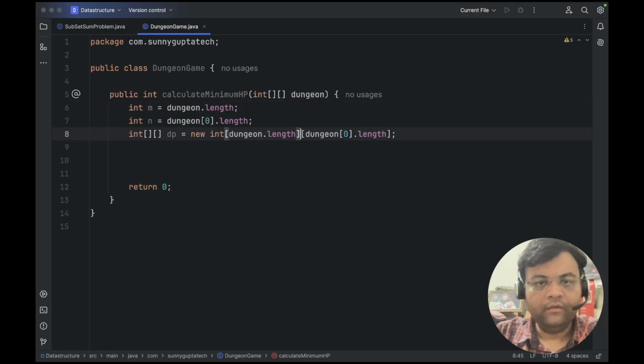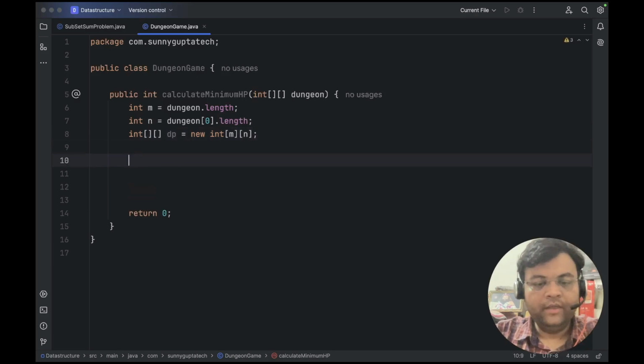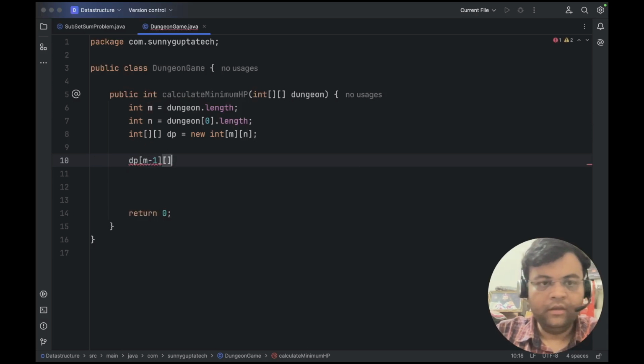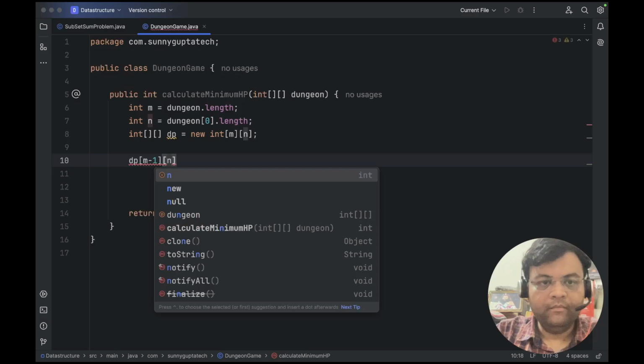Okay, now you'll initialize the array m by n, right? Now you'll say dp of, I'm initializing the last cell, m minus 1, n minus 1.